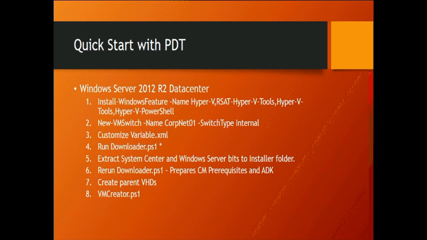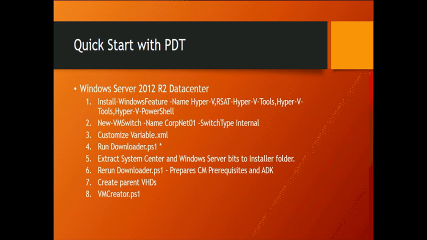So once you've downloaded the evaluation bits, you've gone online, registered with Microsoft, and downloaded them, and extracted them to the correct folders, you need to rerun the downloader again. What this will do for you is it'll see that the configuration manager is in the correct directory. It will go ahead and do the process of downloading all the prereqs that are part of the CM process.